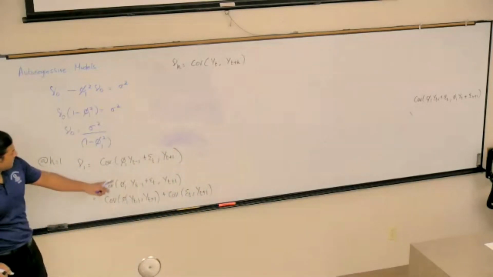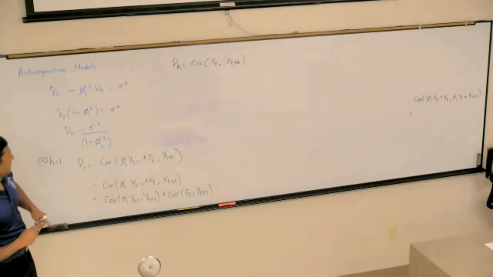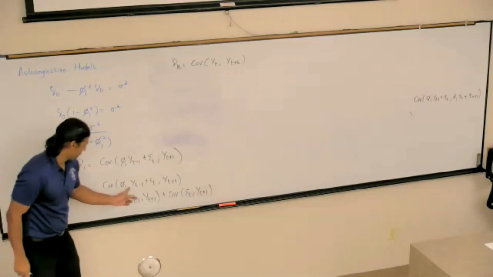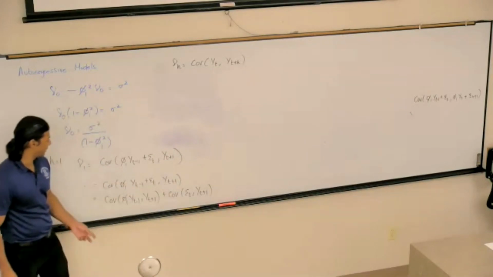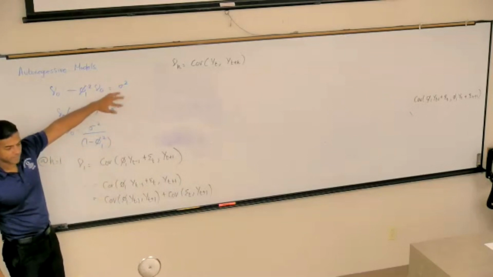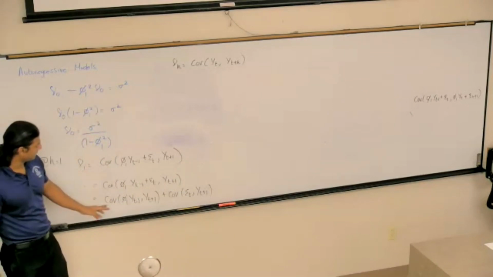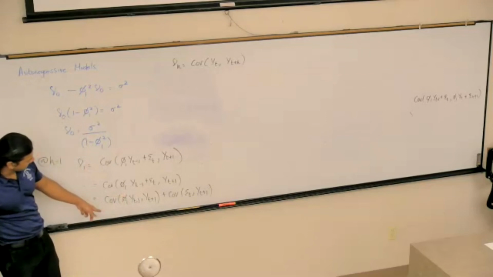All I'm doing is splitting the two terms apart. When I go to gamma 2, it would make sense as to why I'm doing it this way.